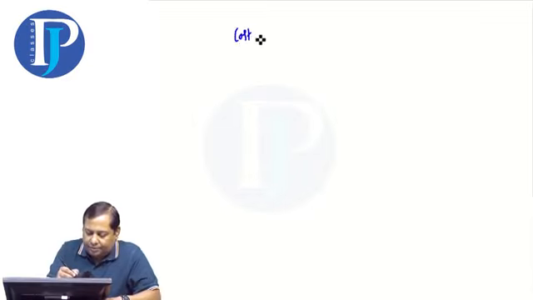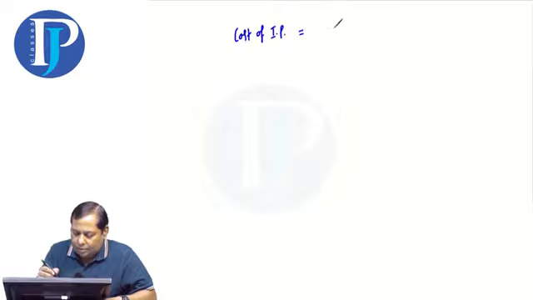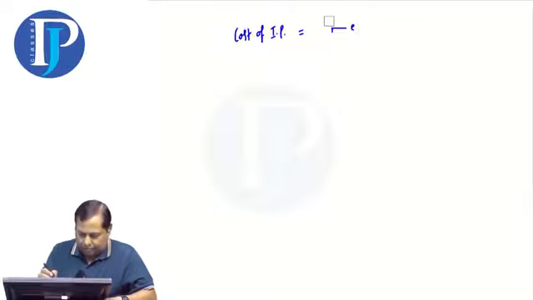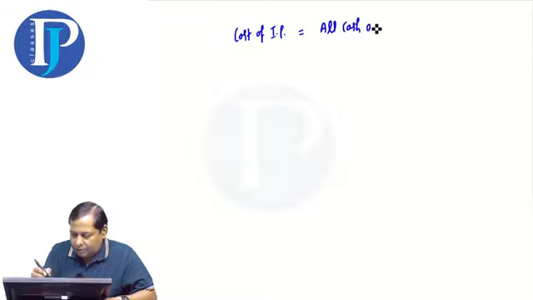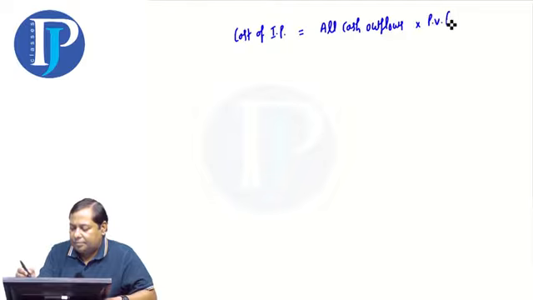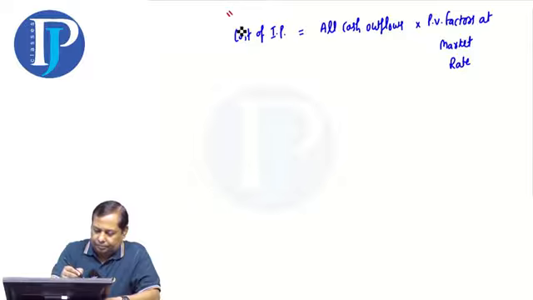I can write the cost of IP: all cash outflows multiplied by PV factors, PV factors at market rate, and the journal entry will be passed.